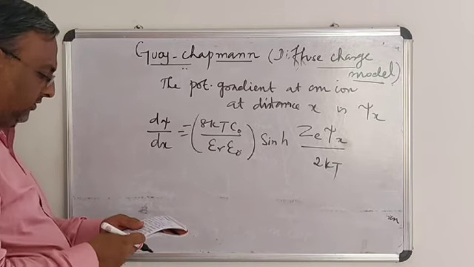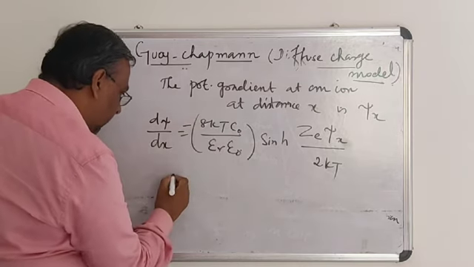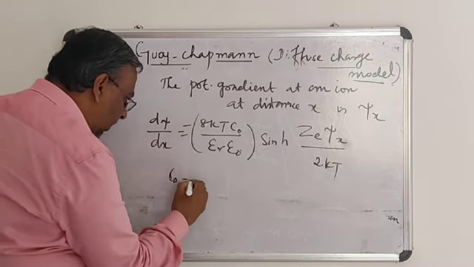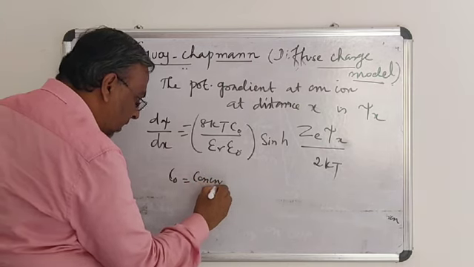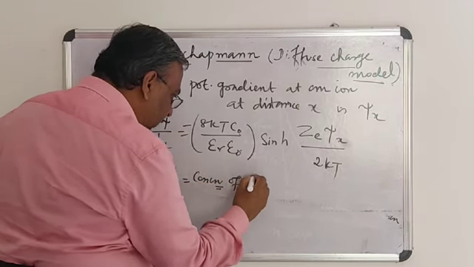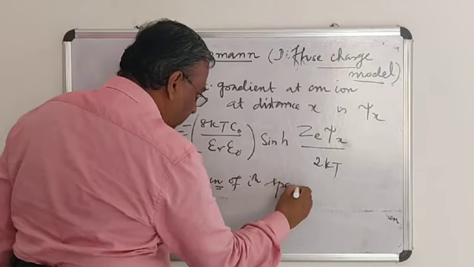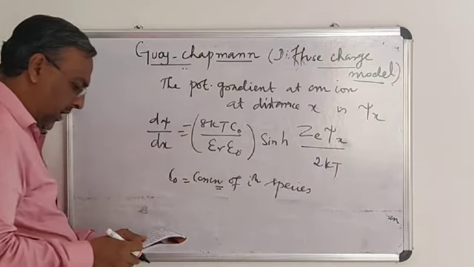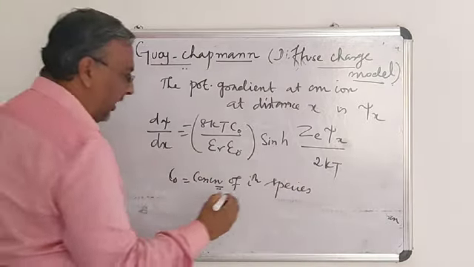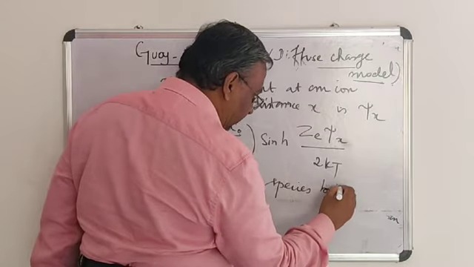Now what is this C0? C0 is the concentration of the ith species ion in the bulk of the solution.